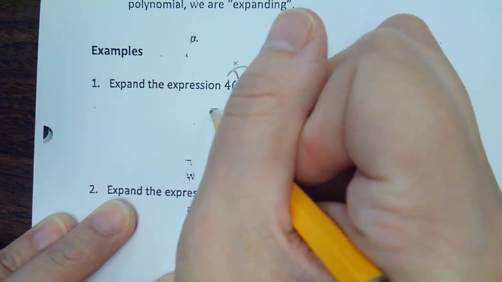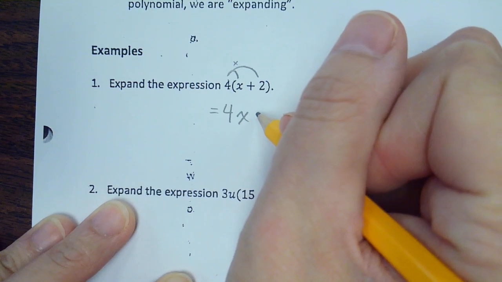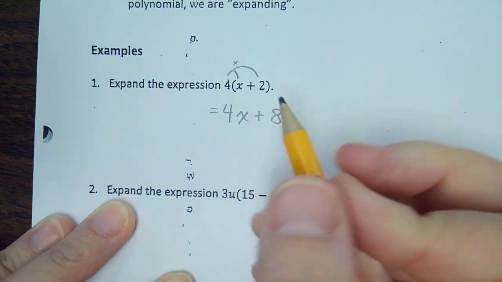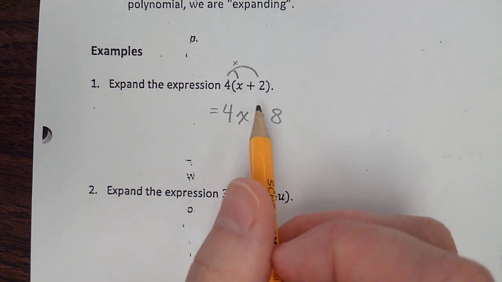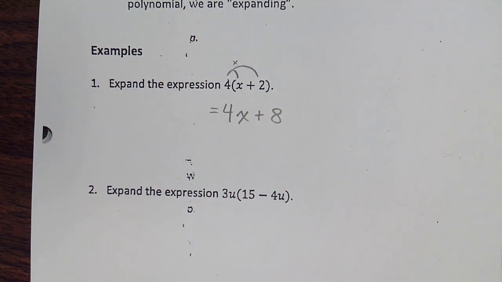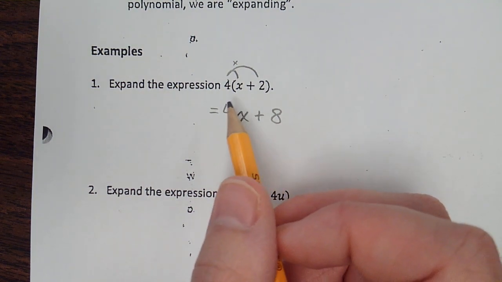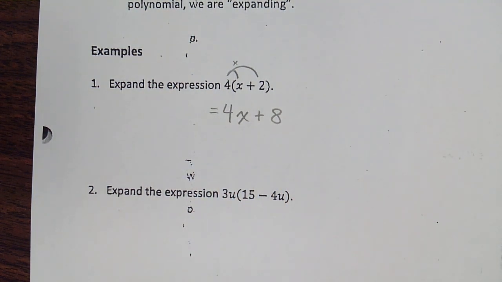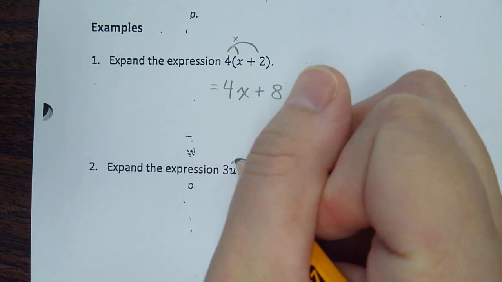So 4 times x is 4x. 4 times 2 is 8, positive 8, so plus 8. All right, am I done? Yeah, because I cannot group them anymore. This is a variable term, this is a constant, so I can't group them anymore.